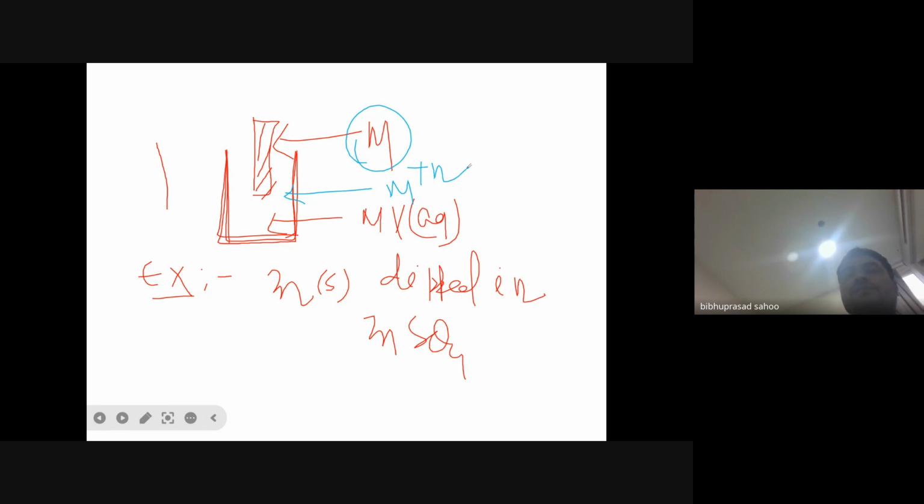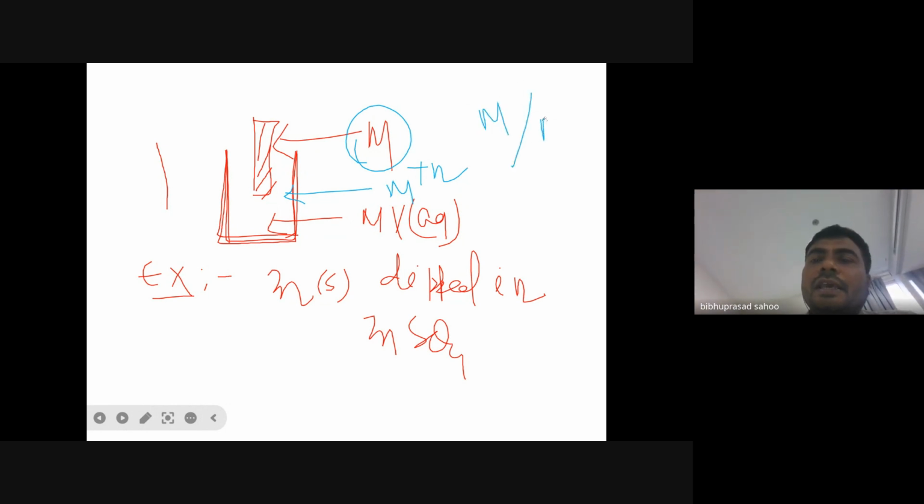When it is the anode, the representation will be M oblique M n+, that is oxidation. Here to here is oxidation. And when it is the cathode, the representation will be reversed, and this is reduction.